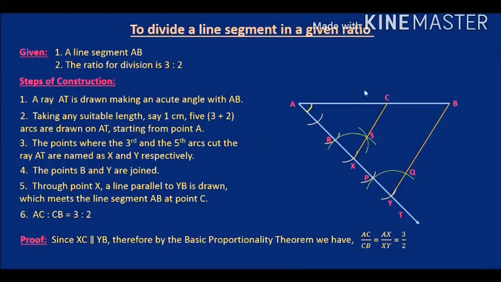The length of SC is in 3 ratio and CB is in 2 ratio. And this is the division. So the point C divides the line segment AB in the ratio 3:2.